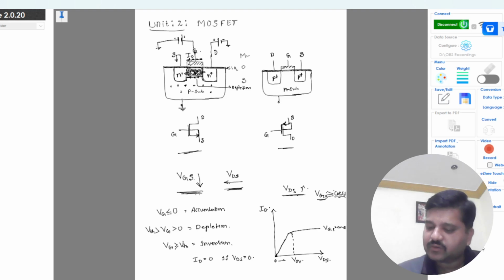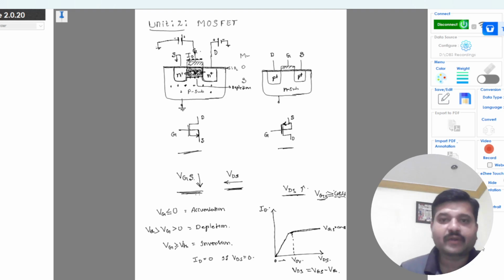This is the overdrive voltage, the VDS which is equal to VGS minus VTH. From here onwards, the current will not increase further linearly; it becomes independent of VDS.